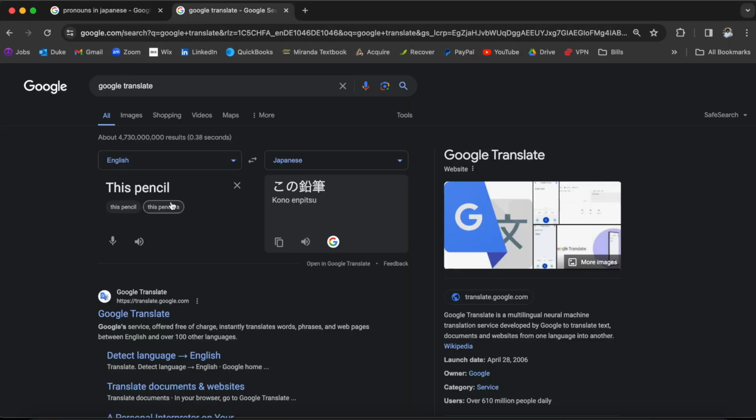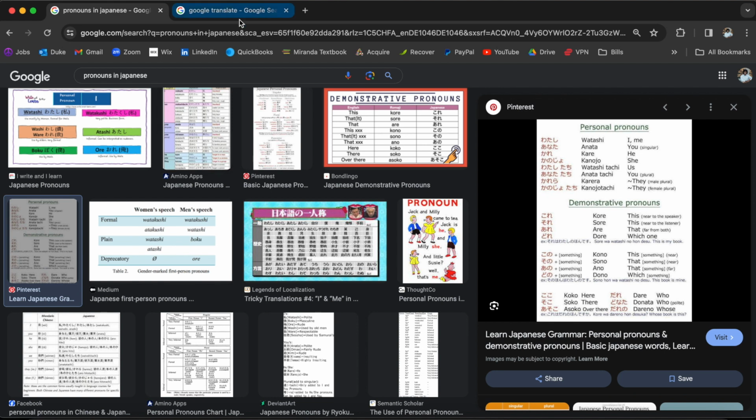Wow. Okay, so how about this pencil? Okay, so that makes sense. Kono enbitsu. Kono enbitsu. Interesting.